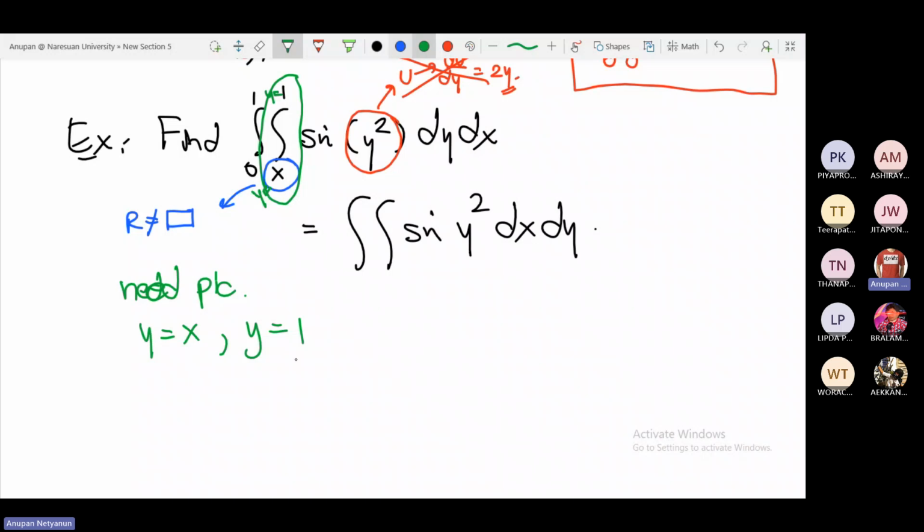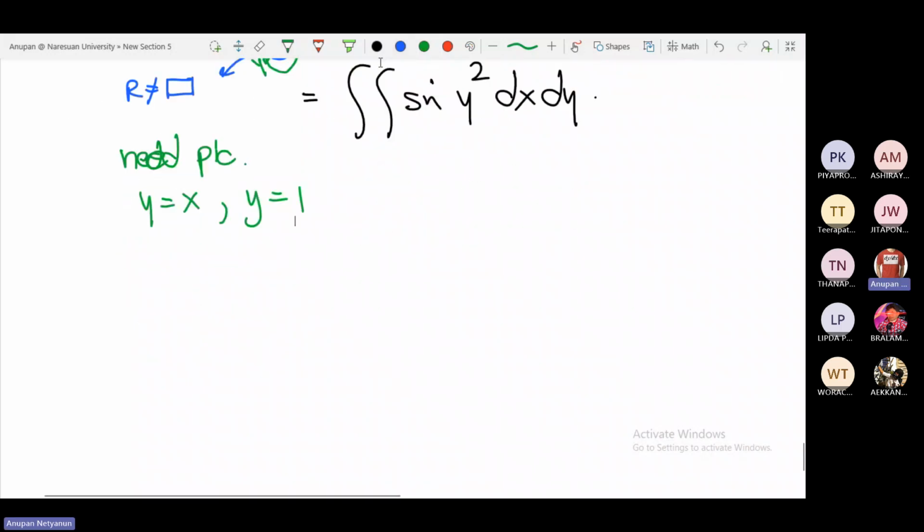Okay, so let's draw a picture. y equal to x should be a line, right? I need 2 points. So let me choose x equal to 0. y has to be 0 too. So you have 0, 0. And then if x is 1, y is going to be 1, right? So I have this point. So I can draw a line passing through these 2 points.